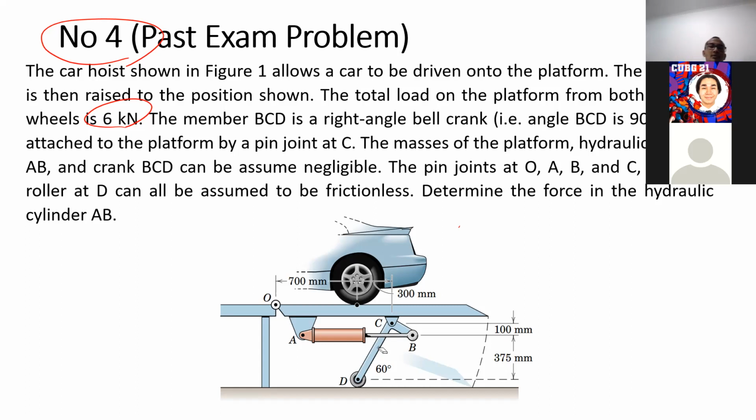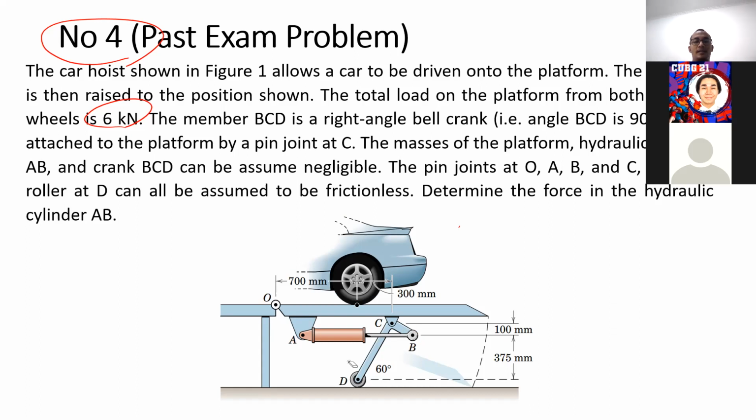The pin joints O, A, B, and C, and also roller D can be assumed to be frictionless. The one in question is the force in the hydraulic cylinder.